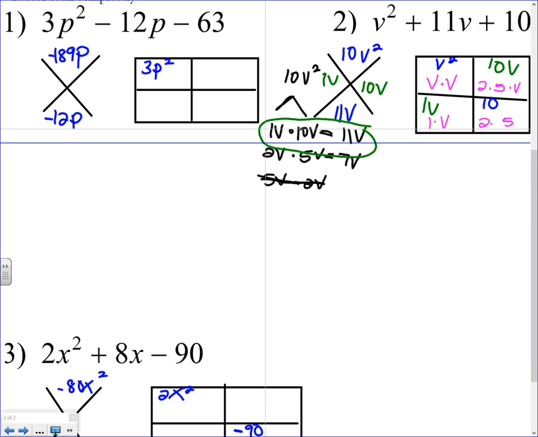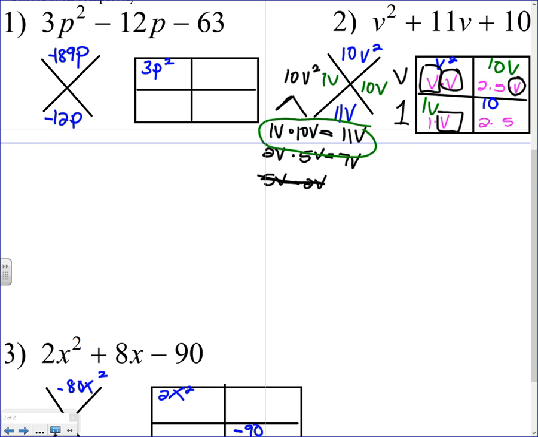Now you do the following. What do the bottom boxes have in common? They have nothing in common, so I'm going to put in a 1. If they have nothing in common, I put a 1. What does this and this have in common? They have a factor of b in common, so I'm going to write b on the left side. Now, left boxes, what do they have in common? They have a b in common.